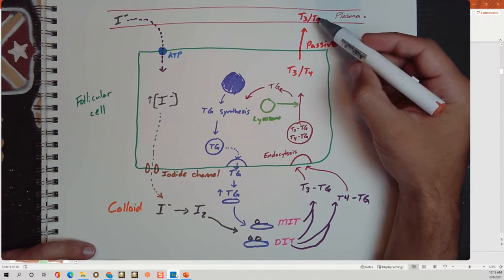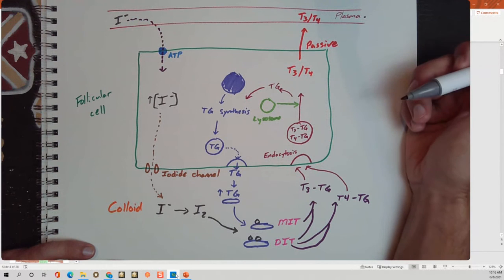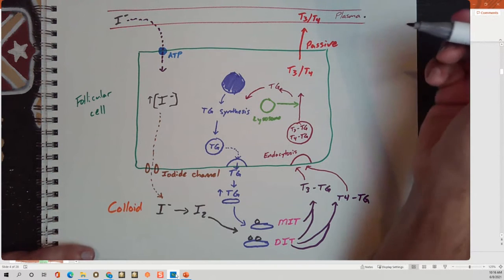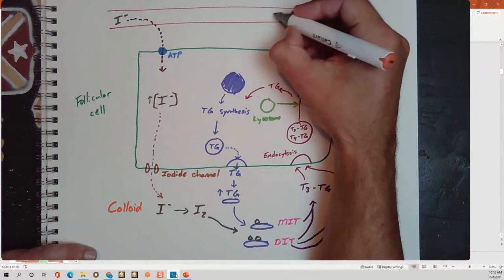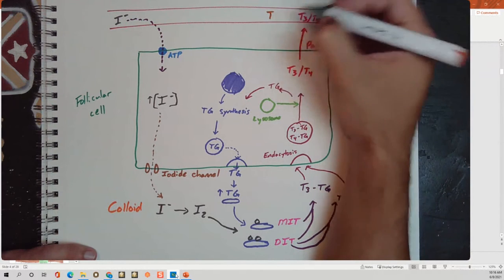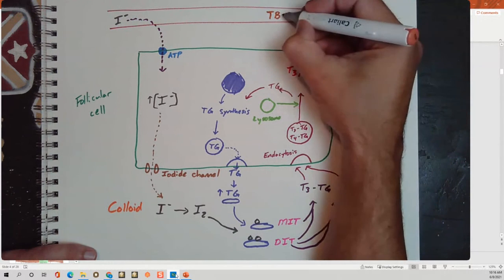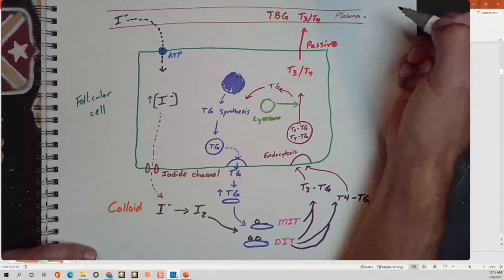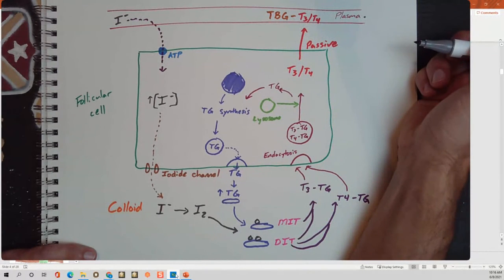Therefore, T3 and T4 cannot dissolve in the plasma. So what is required to move T3, T4 through the bloodstream? A carrier. What is that carrier? It's a carrier called thyroxine binding globulin, TBG. Thyroxine binding globulin is going to pick up that T3, T4, and it's going to move it to where it needs to go.